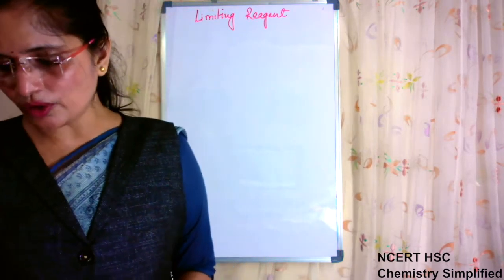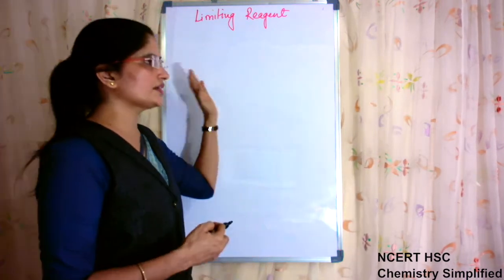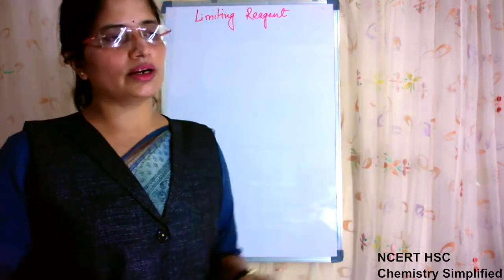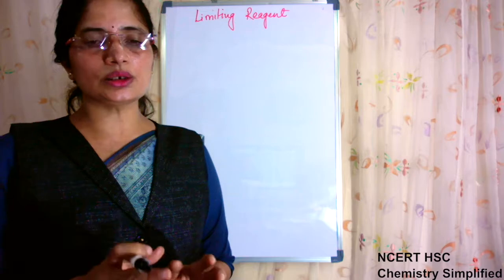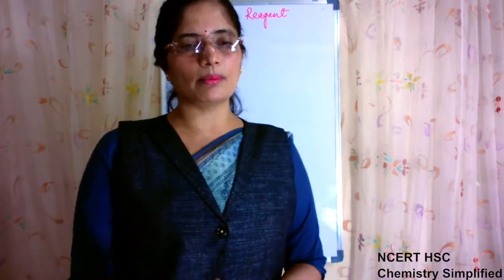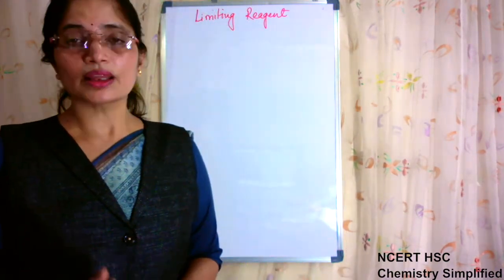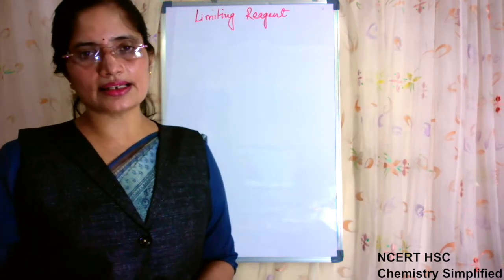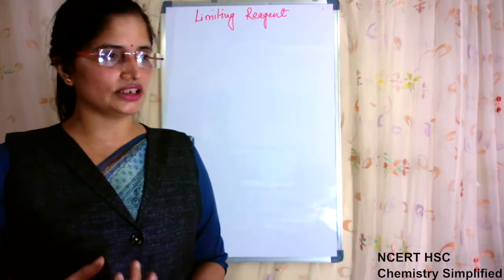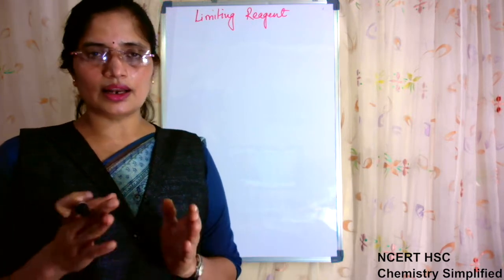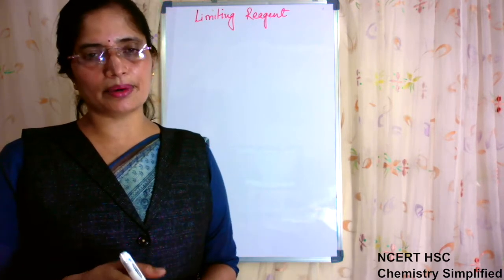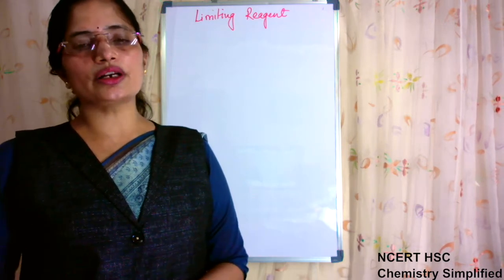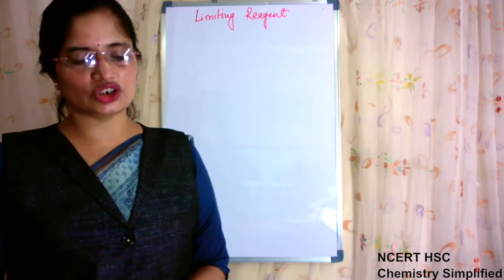If any of the reactants is not present in the required amount according to the balanced chemical equation, that particular substance acts as the limiting reagent. Because of the lesser amount of one of the reactants, the products formed are not as per the balanced chemical equation.